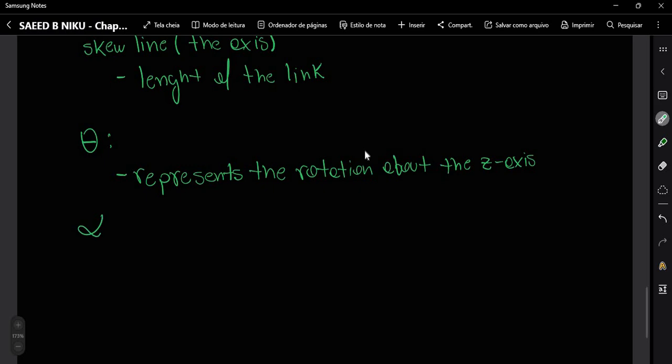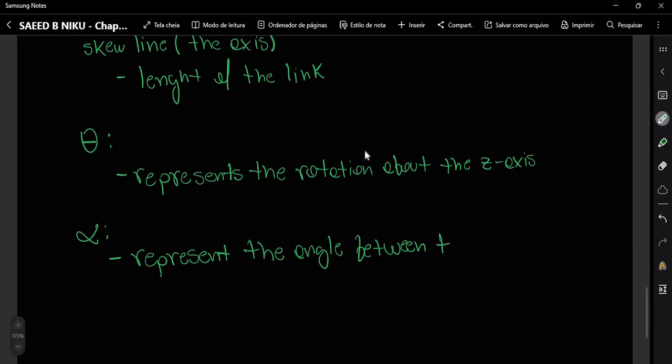And alpha represents the angle between two successive z-axes.